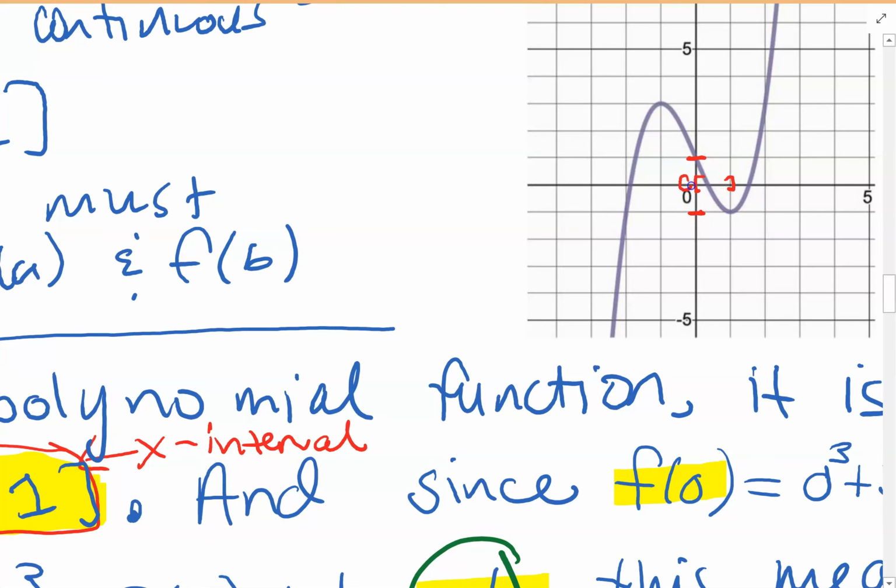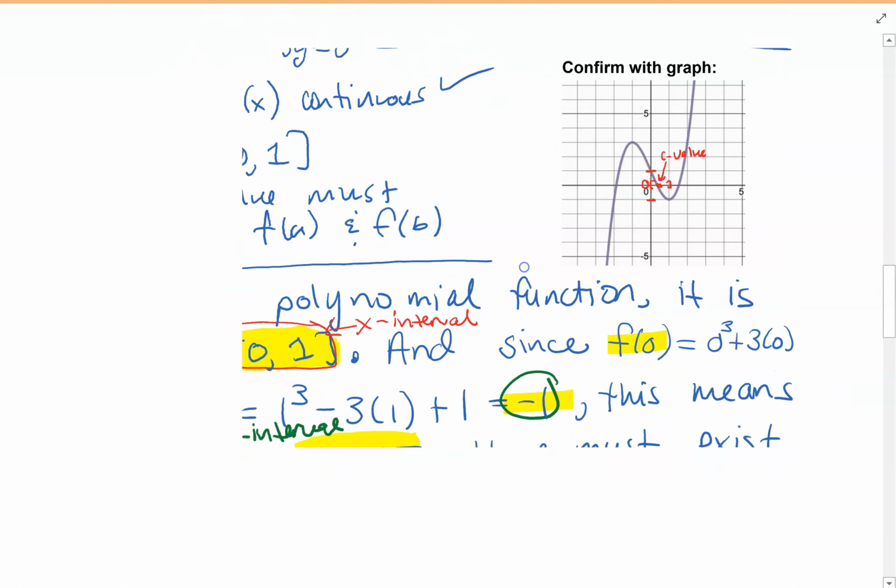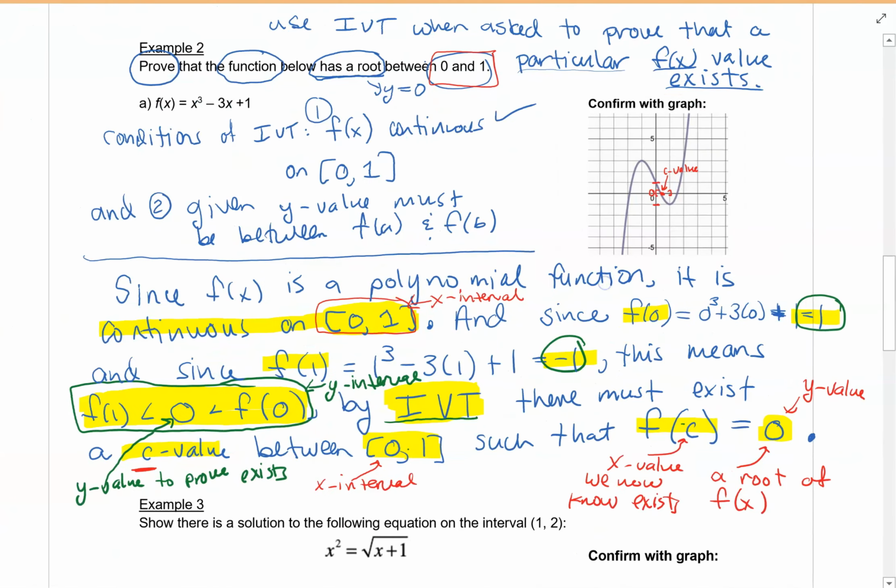And so 0, of course, is between -1 and 1. And sure enough, there's my c value. My c value is this decimal, some decimal between 0 and 1. I can see for a fact that the function does in fact pass through 0 between the x interval of 0 and 1. So that's what's happening there. And then this paragraph is proving that.